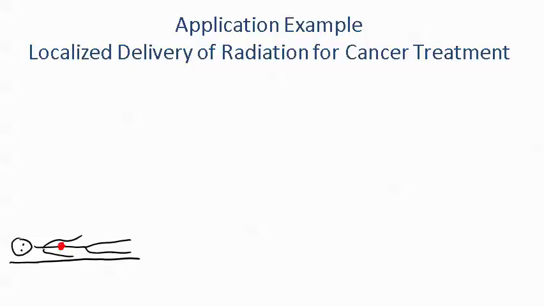The radiation treatment is delivered through a beam, and the beam mechanism is attached at the end of a large robot. So let me go ahead and draw the schematic of a large robot.